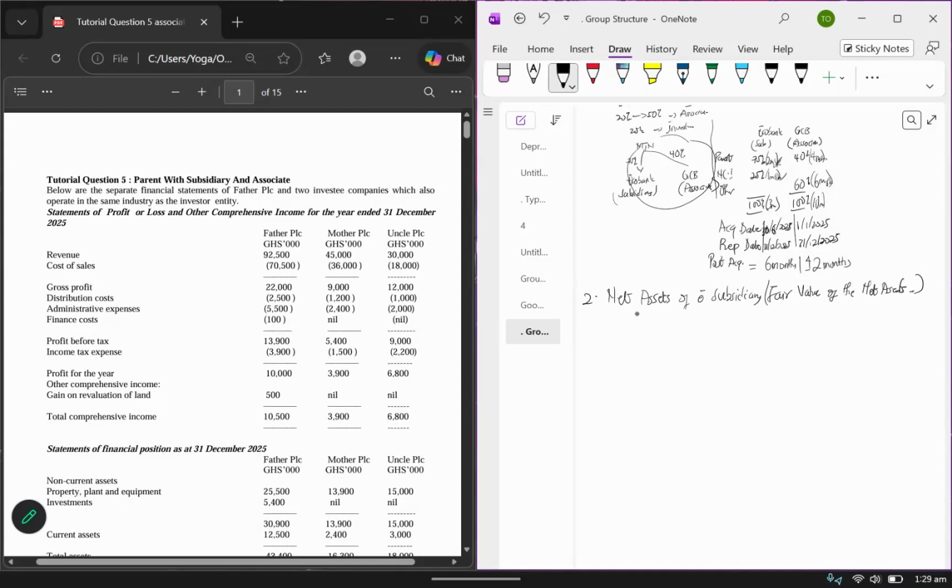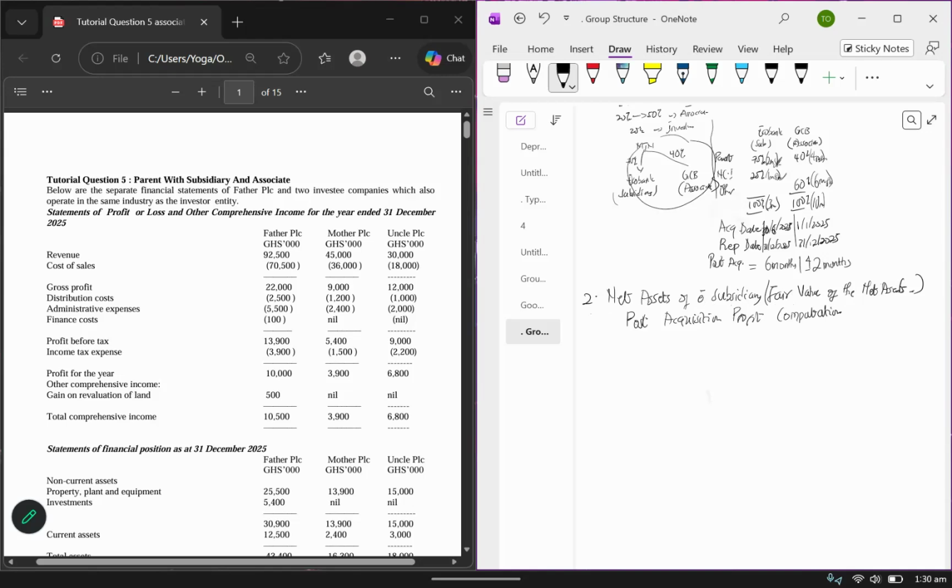And then this working is supposed to help us find what? The post-acquisition profits. So I remember T.A. Kofi saying that he would prefer to name this second basic working as post-acquisition profit computation, because we are not going to look for the net asset, we are going to look for the post-acquisition profits. It is just that the net asset will help us find the post-acquisition profit.